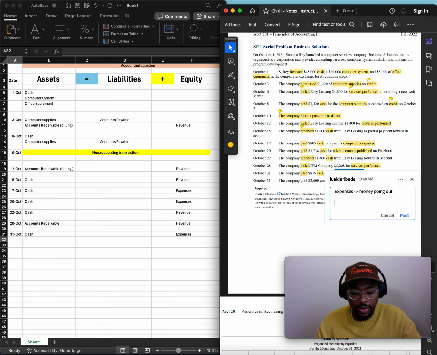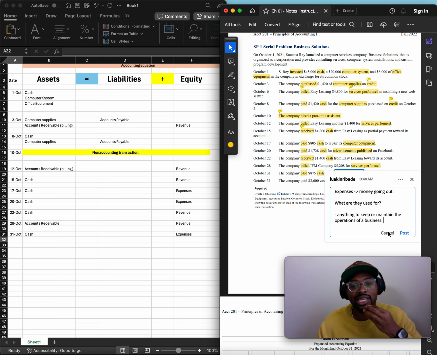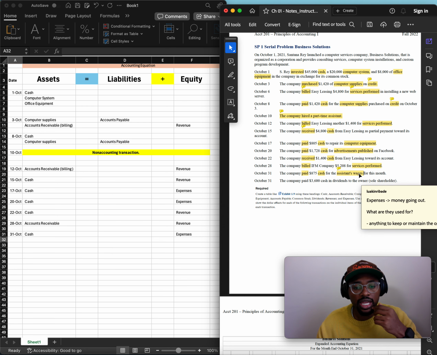But what are expenses used for? Anything to keep or maintain the operations of a business. So if you look at it, we need people to work to continue the operations of our business, correct?